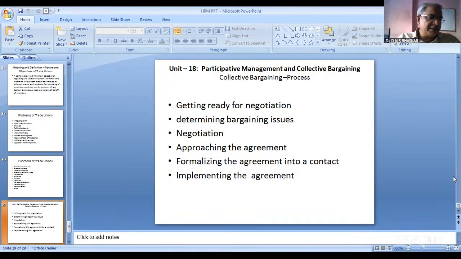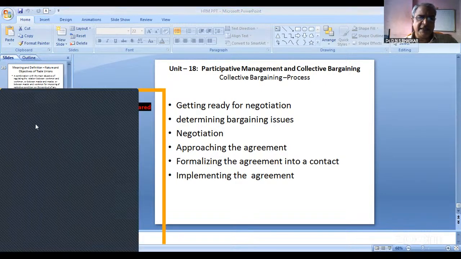In the 18th chapter, the need and importance of participative management is given, along with the objectives and forms of participative management. In the very first phase, the participative management process and how it works is studied.